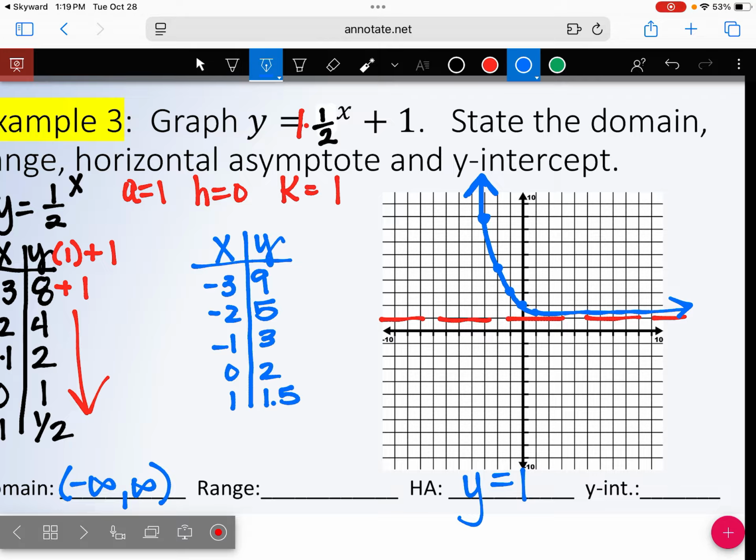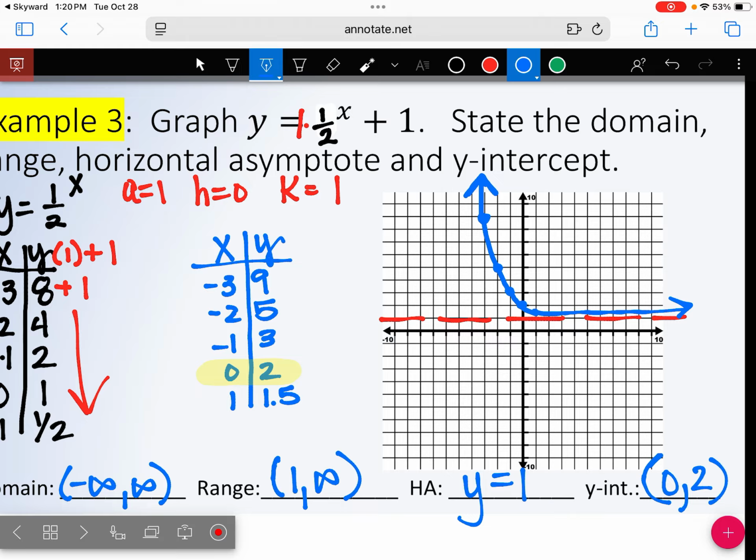So because A is positive, my lowest y value is 1. It's never going to be 1, and it's going up to infinity. We do have our y-intercept in our table again. So my y-intercept is 0, 2. I can put that down.